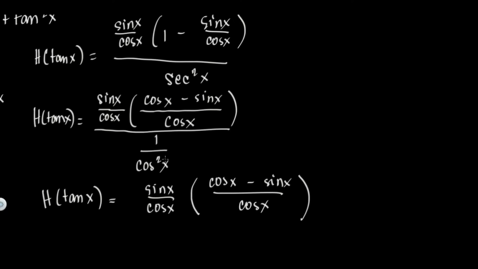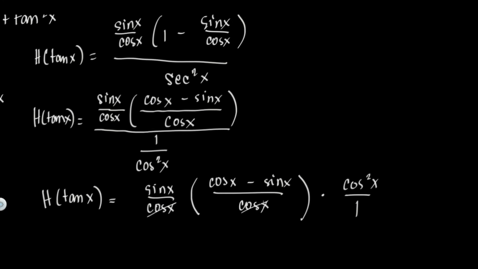Then this 1 over cosine square x para maging multiplication, multiply inverse natin. So that is cosine square x over 1. O, pwede mo isulat ang 1, pwedeng hindi. Okay? So here, as you can see, cosine x times cosine x is cosine square x.